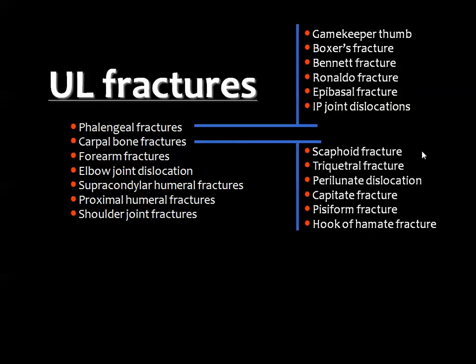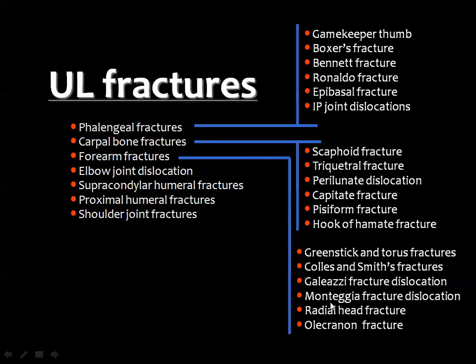Then we'll have some notes about the carpal bone fractures, especially the scaphoid, the triquetral, perilunate dislocation, capitate, pisiform, and hook of hamate. I think by this we will end the first part of this lecture.